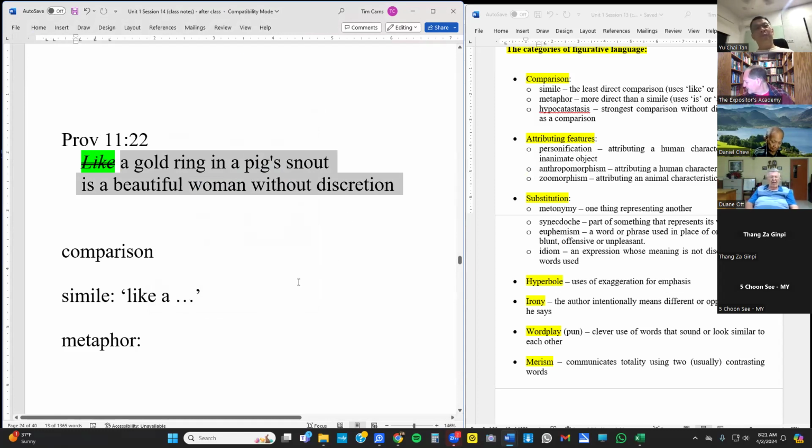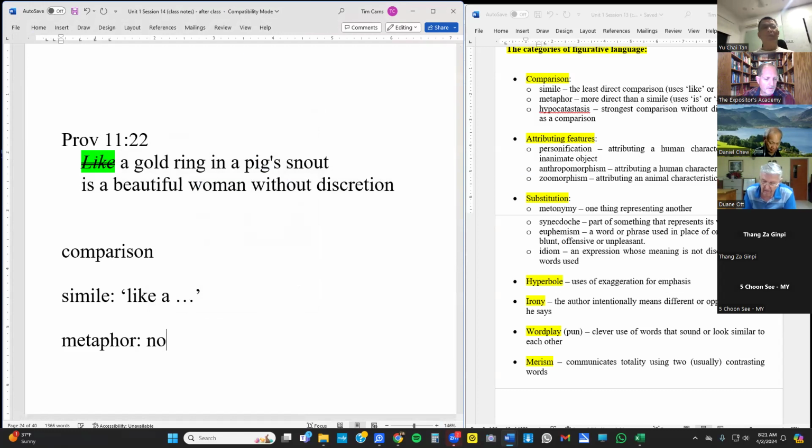Well, is also a simile? Isn't it a simile? No, it's an as, or like. So this is really a metaphor. Yeah, like the Lord is my shepherd. Yes, that would be a metaphor.